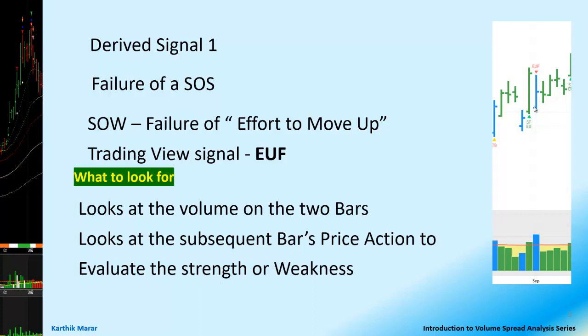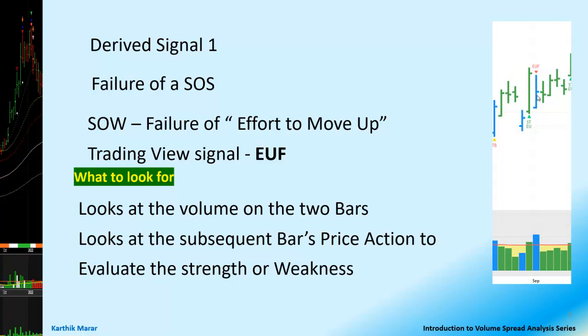As you can see in this example, the effort to move up bar was a widespread bar on increased volume, but the next bar was a down bar, but the close was in the middle. That means there was indeed some demand coming here. So though technically it is projecting weakness, the weakness is not profound. So we need to look at the subsequent bars.